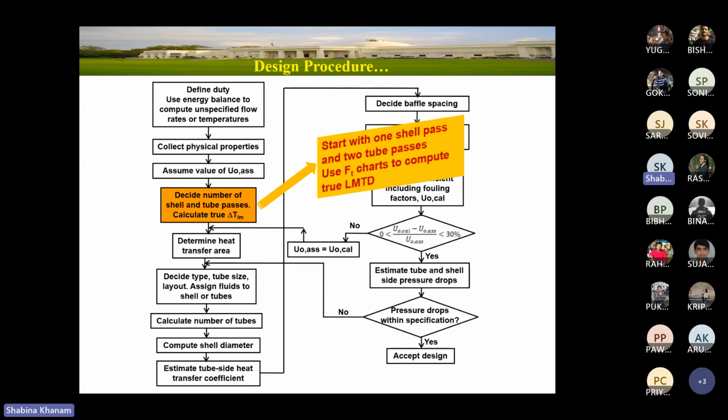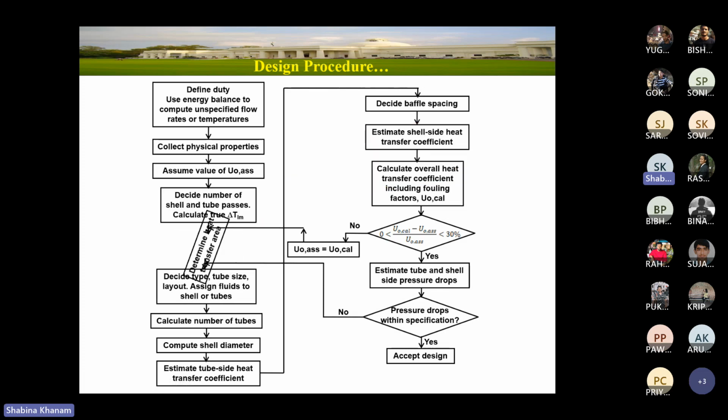You can see the Ft value, and then that Ft value you can use to find out true LMTD. Okay, whatever LMTD you need to calculate, that should be for counter current. Please consider this should not be for co-current. Okay, counter current, and then Ft factor will be multiplied to get true LMTD. Okay, so in that way you can find out the delta T mean.